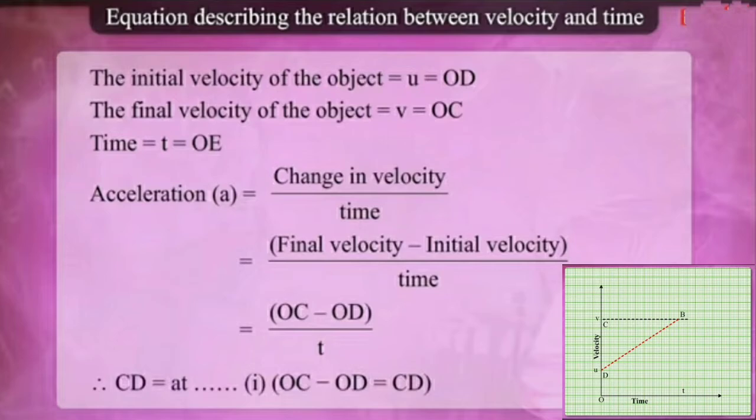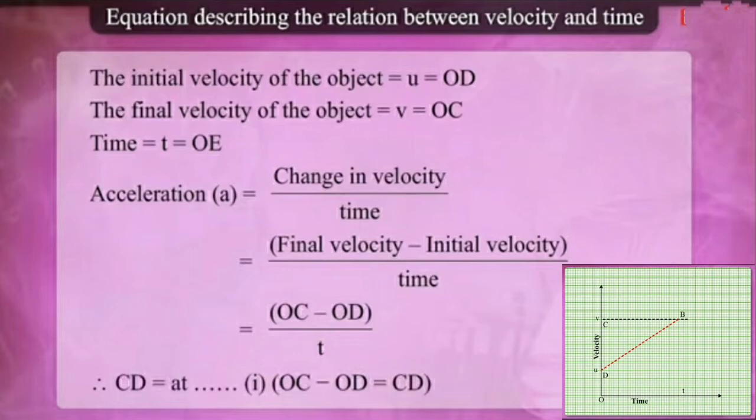Now acceleration is change in velocity upon time, right? We know this. So acceleration is equal to final velocity minus initial velocity, the whole upon time. So what is our final velocity? It is OC minus initial velocity, that is OD, the whole upon t.